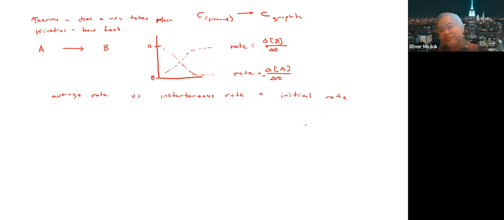All of them refer to the change in the concentration over the change in time. When we're talking about the average rate, usually that is where you use the concentration at the beginning and end, over which the reaction rate is changing.